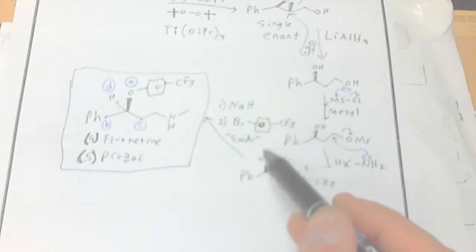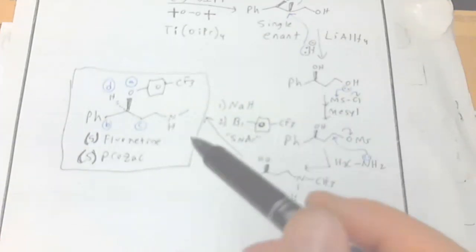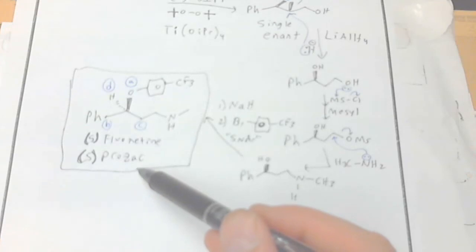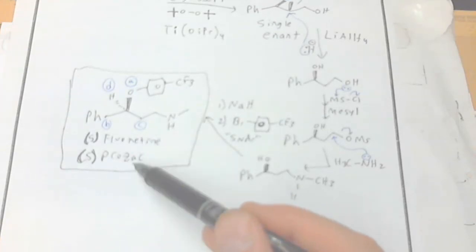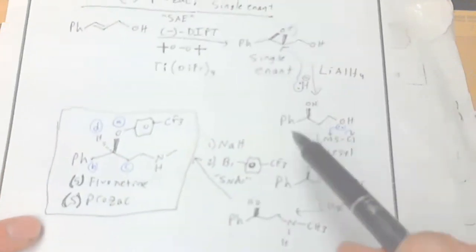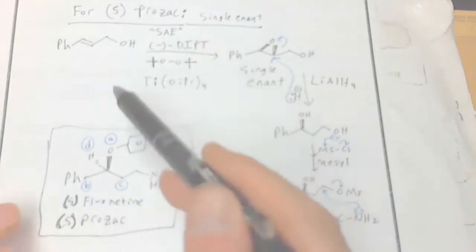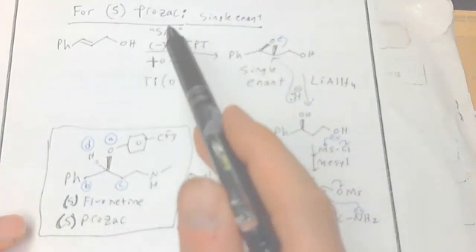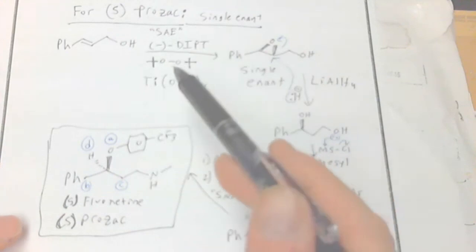But anyway, it all falls apart, and you get the product. Okay, cool. So we made S-fluoxetine or S-Prozac through a pretty clever route that uses the 2001 Nobel Prize, basically the reaction that Sharpless discovered, SAE.